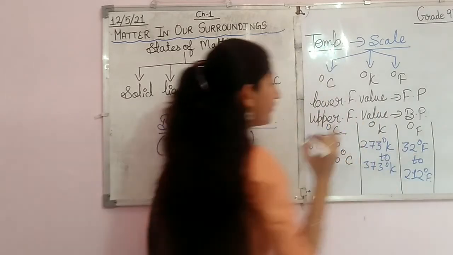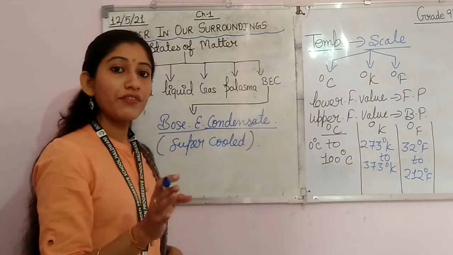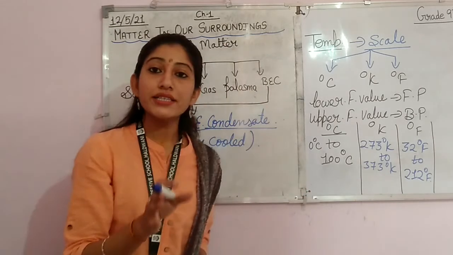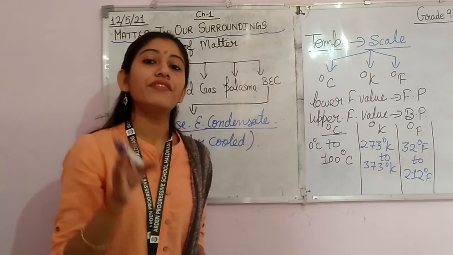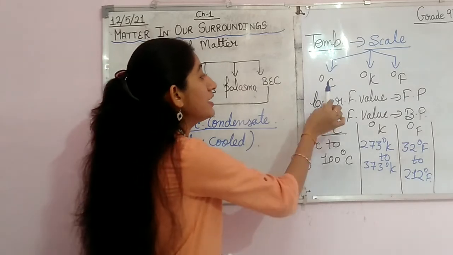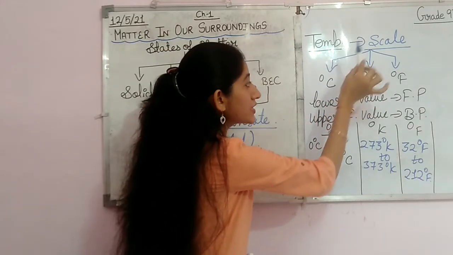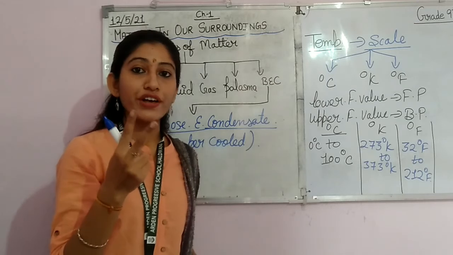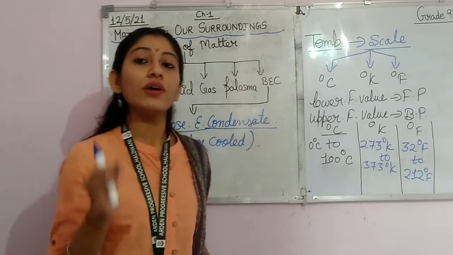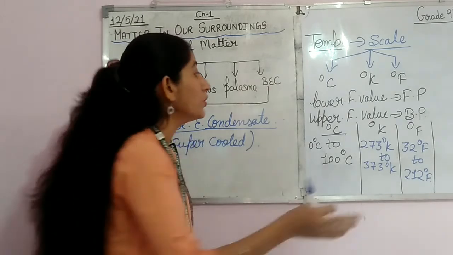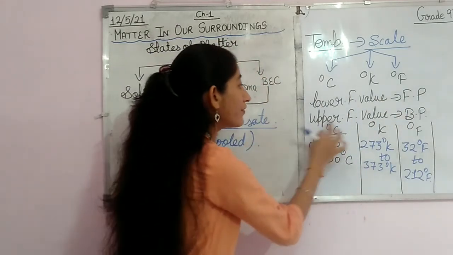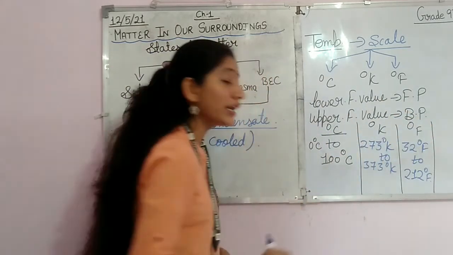What we have seen here is that for measuring temperature we have different scales: Celsius scale, Kelvin scale, Fahrenheit scale. Every scale has two fixed points. One is the lower fixed value and the other is the upper fixed value. The lower fixed value is called the freezing point and the upper fixed value is called the boiling point.